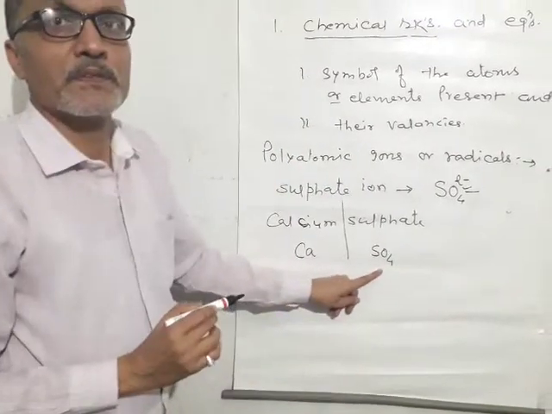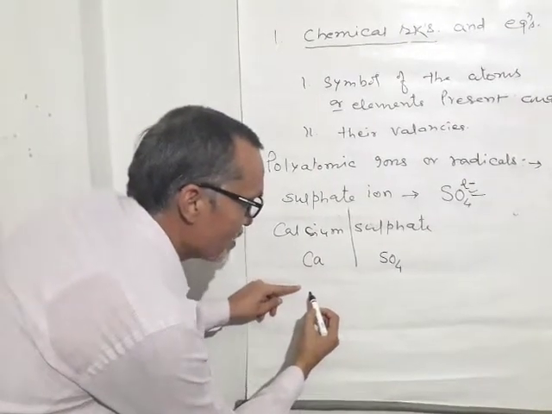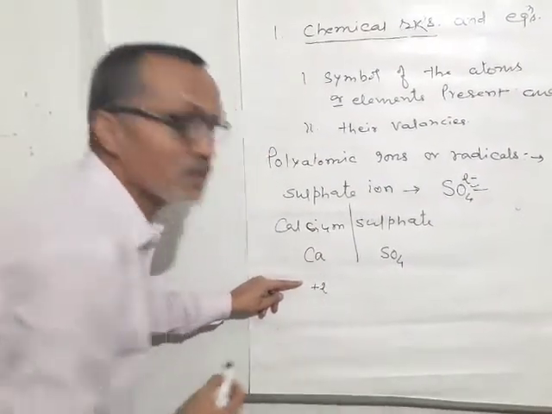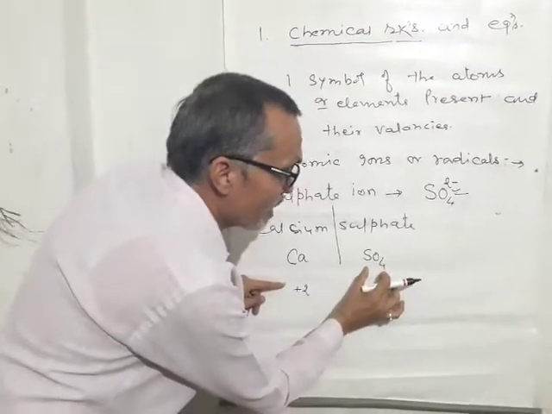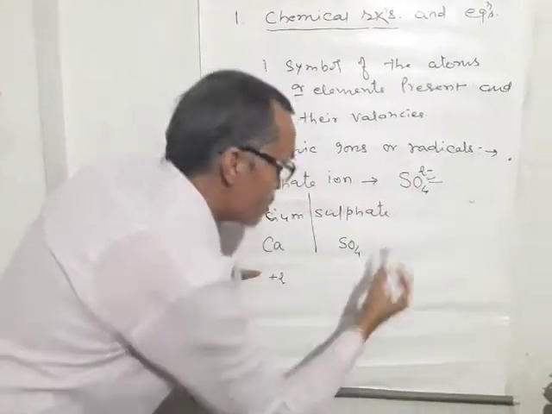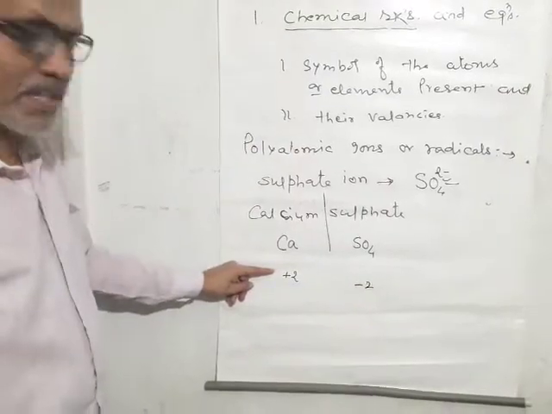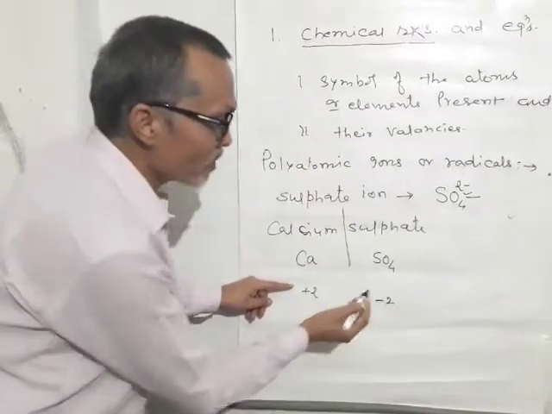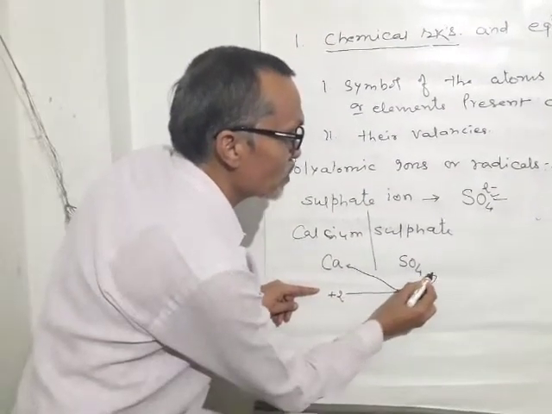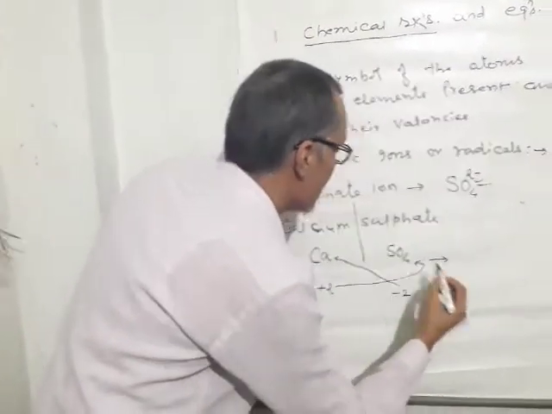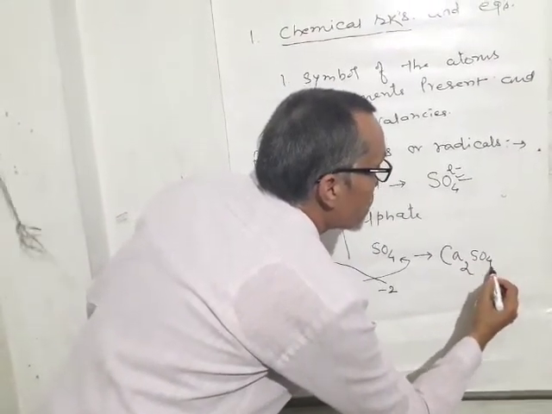Now for writing the chemical formula, the valency of calcium, as you know, is +2, and as you are looking here, the valency of sulfate is 2 minus. So this 2 minus is its valency. Now as you know, in writing chemical formula, valencies are shown crisscross. So if you write this, the formula will be Ca2SO4 2.